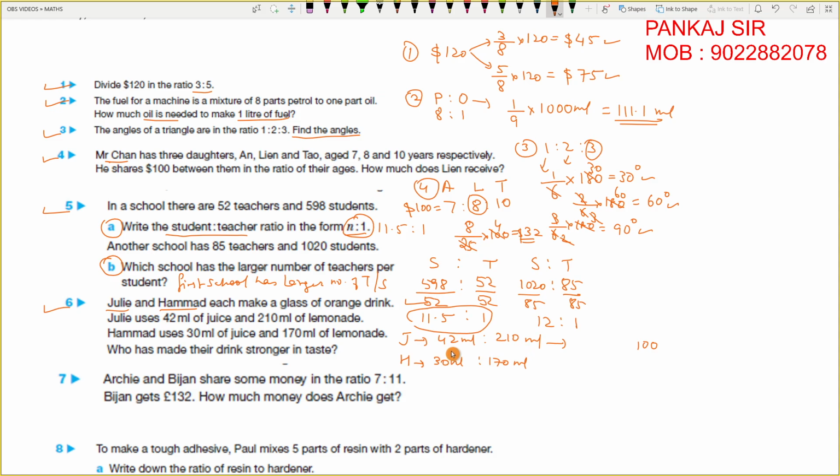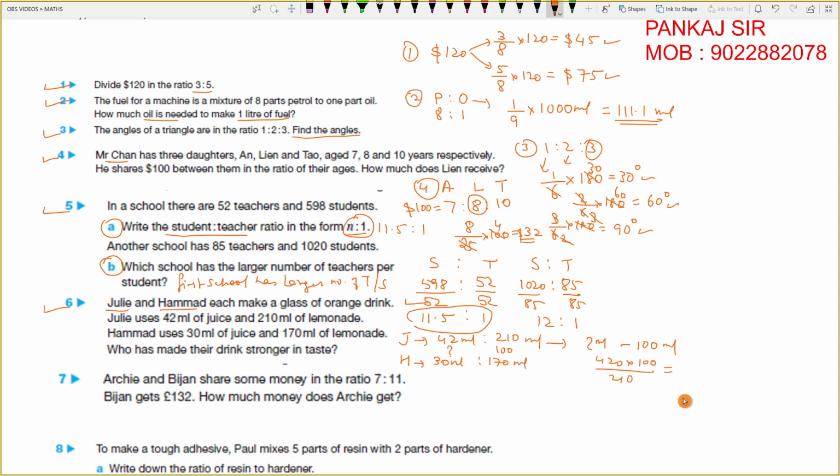Okay, so in 100 ml of lemonade, how much juice will be there? Right? How many ml of juice will be there? So the answer for this will be 42 into 100 over 210.